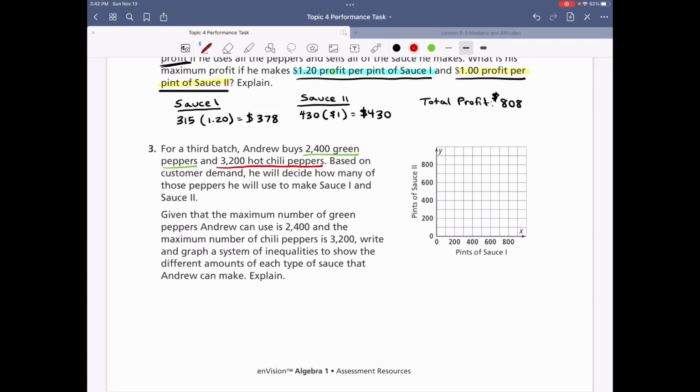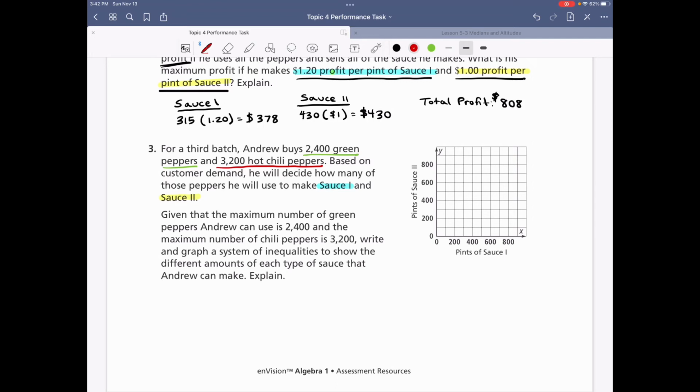He'll decide how many of those peppers he will use to make sauce 1 and sauce 2. So again, sauce 1 we'll use blue, and sauce 2 I'm going to use yellow. We want to write and graph a system of inequalities to show the different amounts of each type of sauce that Andrew can make.